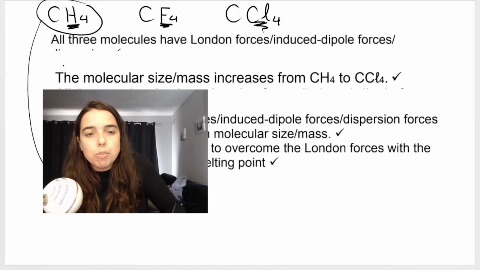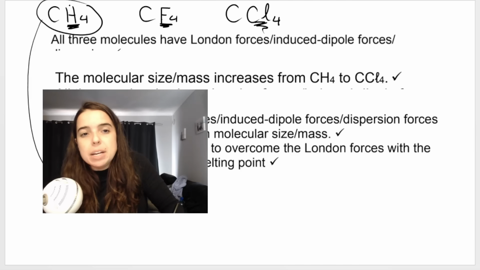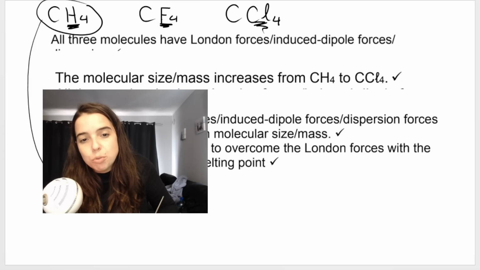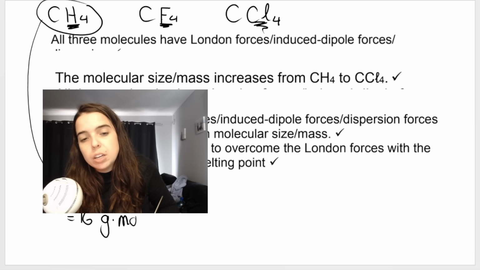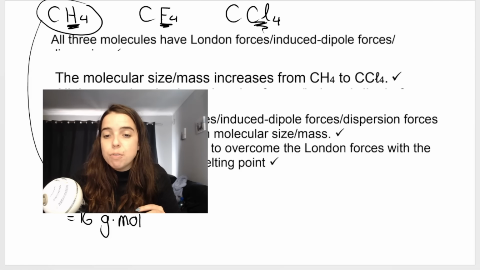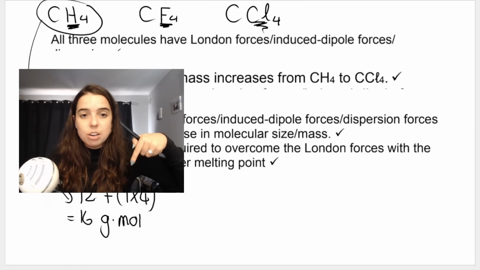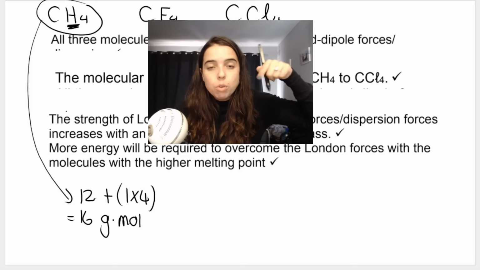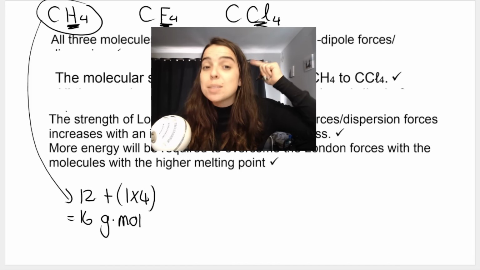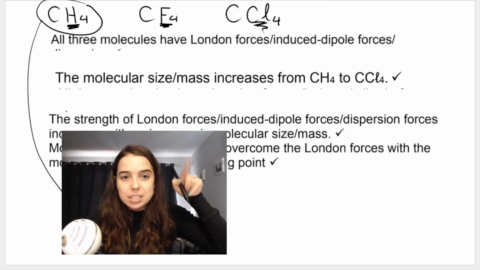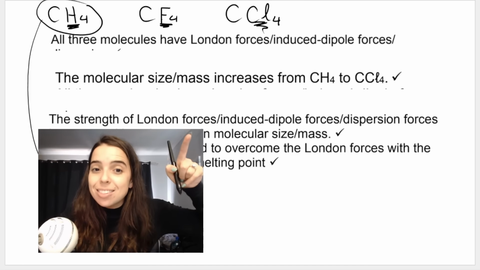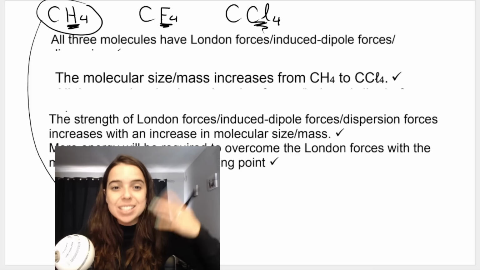You take the big number of carbon, which is 12, plus the big number of hydrogen, which is 1, times 4. You get 16 grams per mole. Then you do that for CF4, and if you do it for CCl4, you'll see that this one has the biggest mass. Anyway, as molecular size or mass increases, that means that the strength of London forces increases as well, okay?